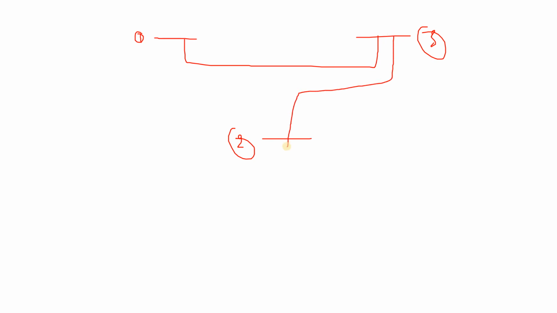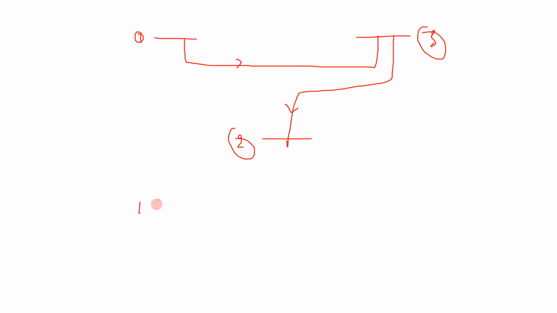Since you have studied in power system, if I take a simple example of a 3 bus system, it is bus number 1, bus number 2 and bus number 3, and you have transmission lines like this. Bus 1 and 3 are connected, 2 and 3 are connected, but 1 and 2 are not connected.